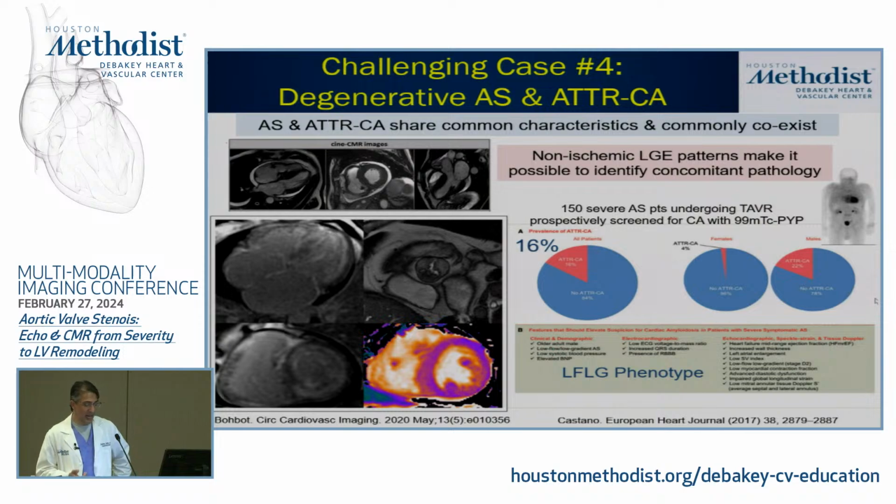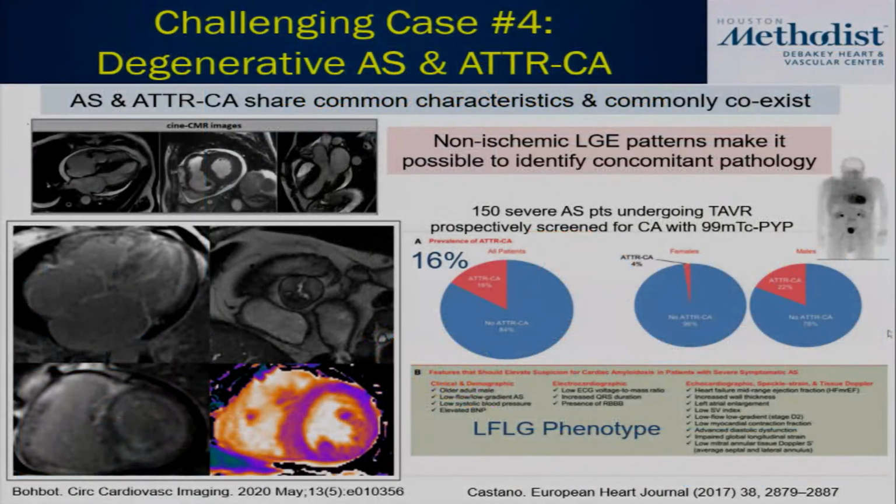So here's another challenging case where CMR can be really helpful. As you know, with LGE, we can really assess different disease states in the myocardium. We know from this nice study that looked at patients undergoing TAVR that with PYP scanning, 16% had underlying amyloidosis, ATTR. And so, what a great technique.